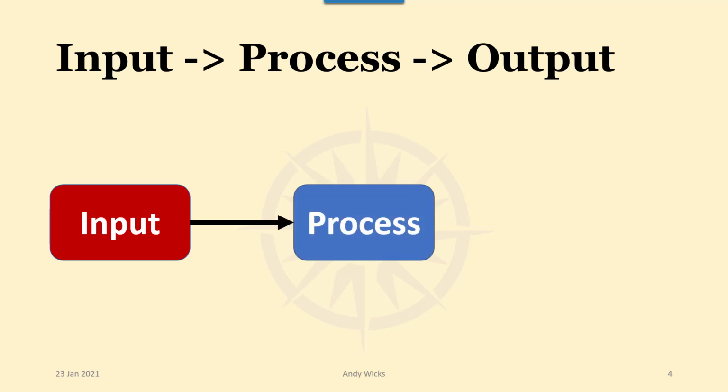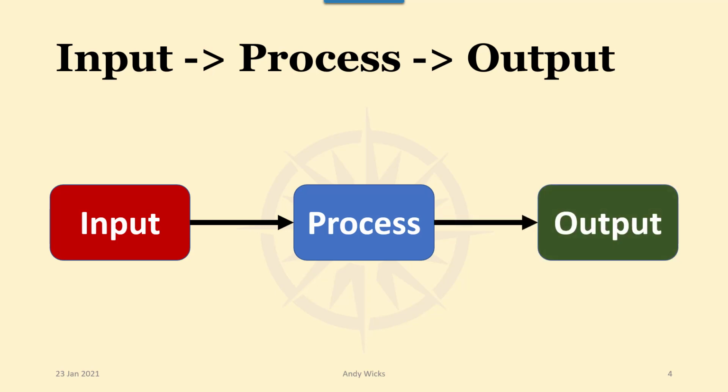Now that process has to rely on some input. If there's no input, what are you processing? There's little point to the process if there's no input. So that process could be any of those actions that I've just described, reading from a file, clicking, and so on. And that then produces some output.